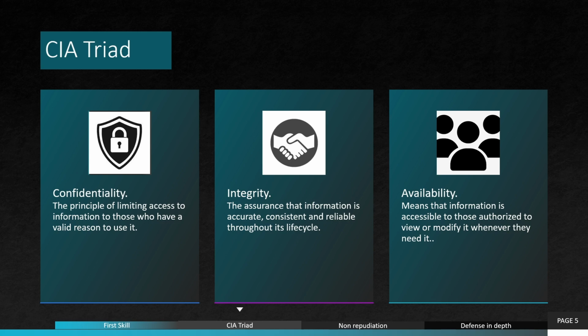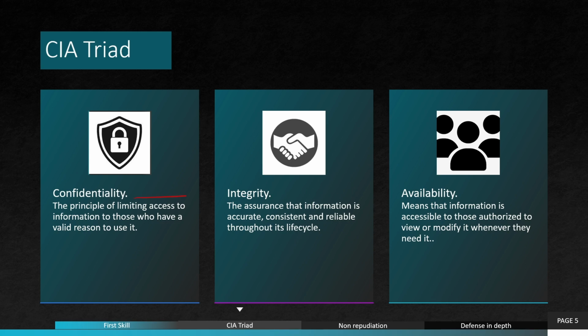CIA here, of course, is talking about the fundamental concepts in information security, representing C for confidentiality, I for integrity, and A for availability. Now, these are the three main objectives of information security, and they are both interrelated and interdependent. So let's take a look at each of them, starting with confidentiality.